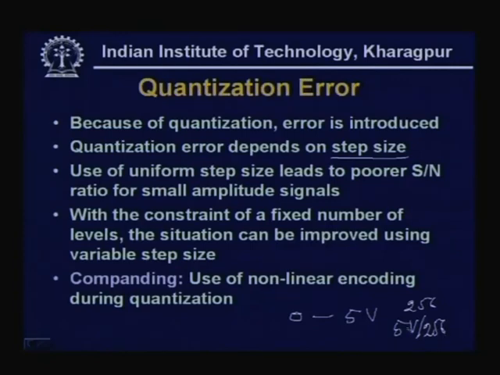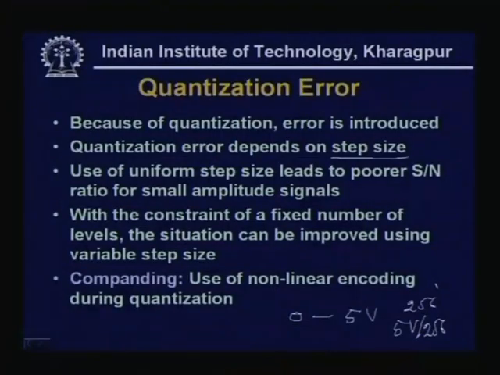Any intermediate levels between these steps will be translated into discrete values, and that will lead to error. Also, even when the input signal is of low amplitude or high amplitude, we are encoding using the same step size. We are not doing conversion in a different way.